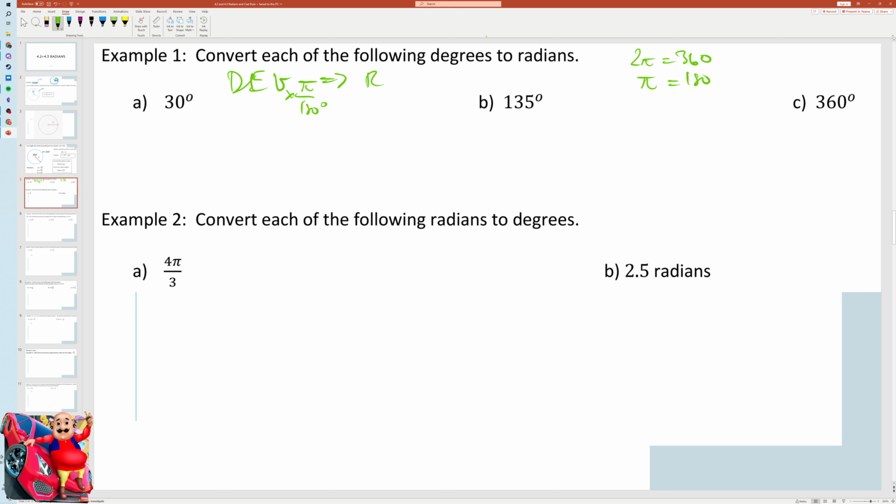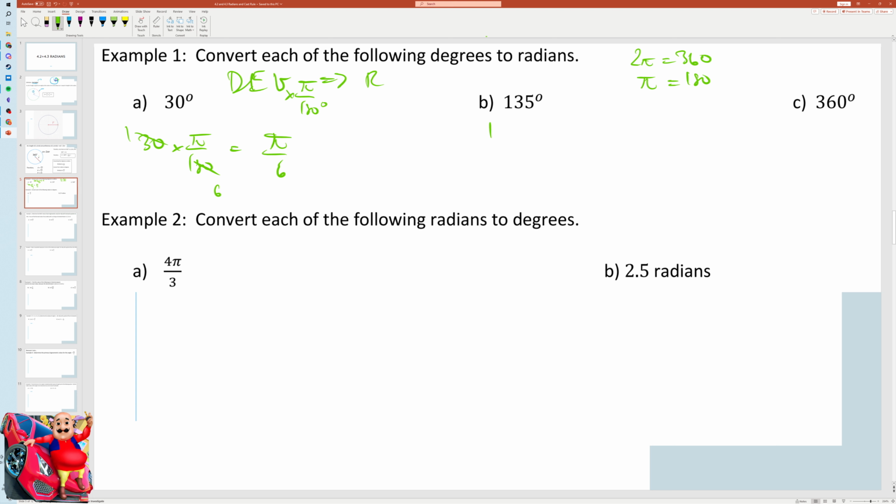So we'll take that 30 multiplied by pi over 180, and that's equal to, with some little fractional math here, 1 over 6, so pi over 6. And obviously, if you want, you can grab a calculator.